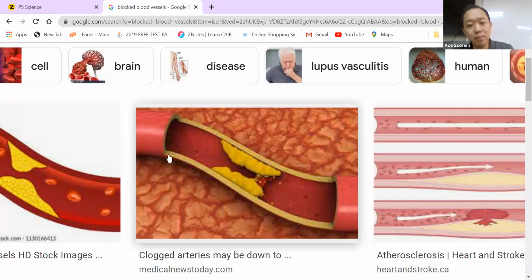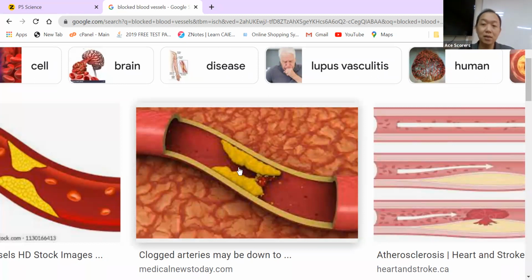If they're stuck inside the artery like that, the amount of flow is definitely reduced, correct? Imagine you have a water pipe and you squeeze it very tightly. It's very difficult for the water to pass through, and your heart will have to work harder. Your heart will be like, hey, how come the blood cannot go through?